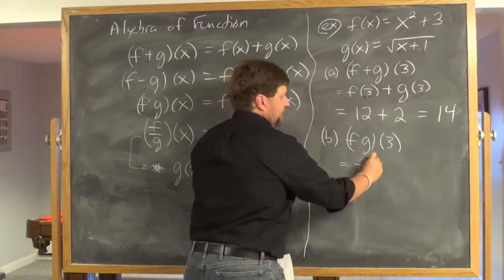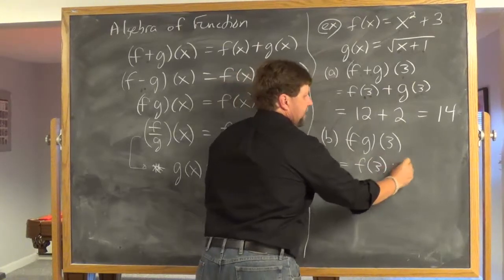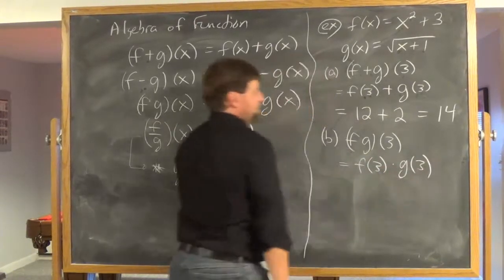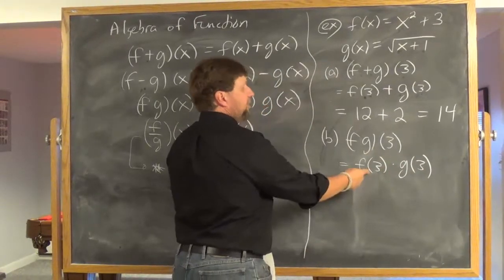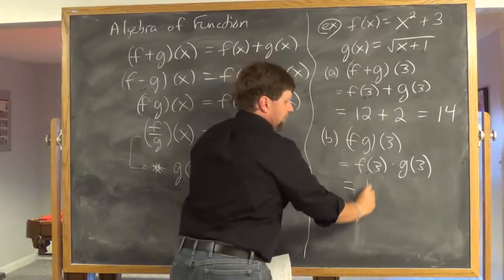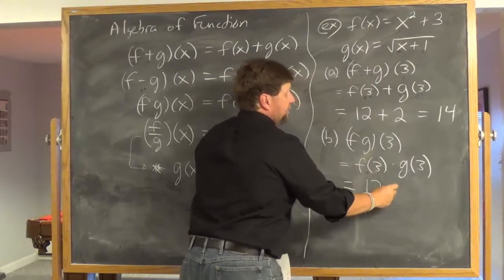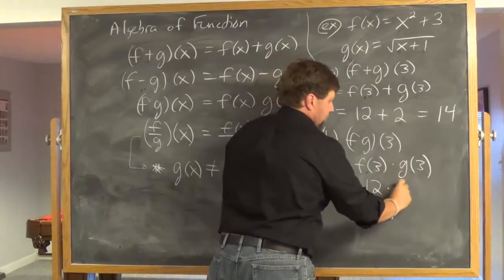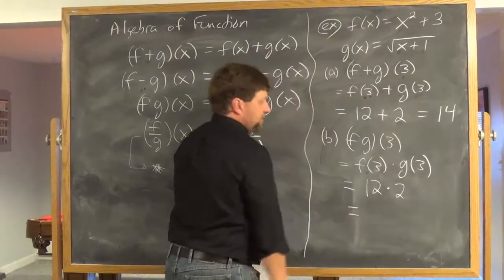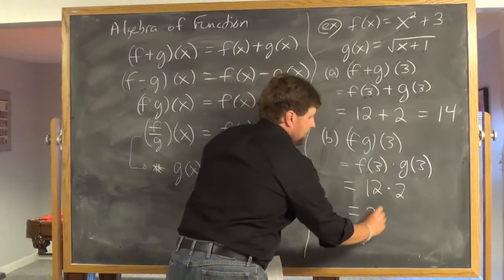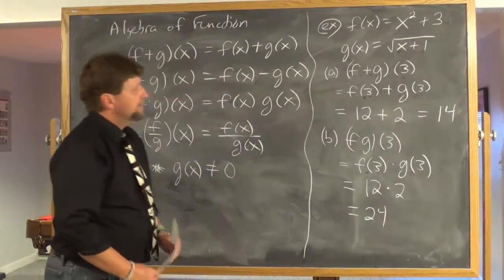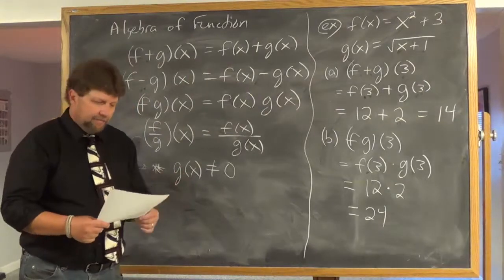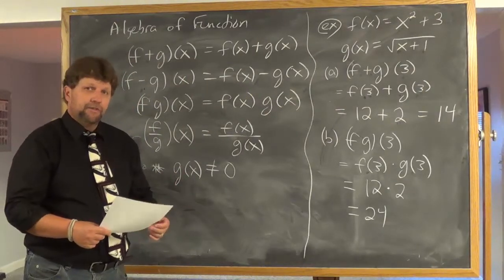That's just simply the f of 3 times the g of 3. And, f of 3, 3 goes in for x. We know f of 3 is 12. g of 3, 3 comes in here for x, and we know g of 3 is 2. So we get f times g of 3 to be 24. So that's the basics of the algebra of functions.